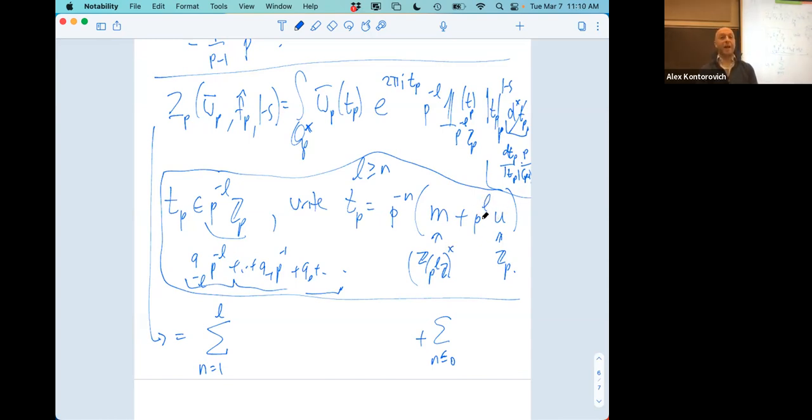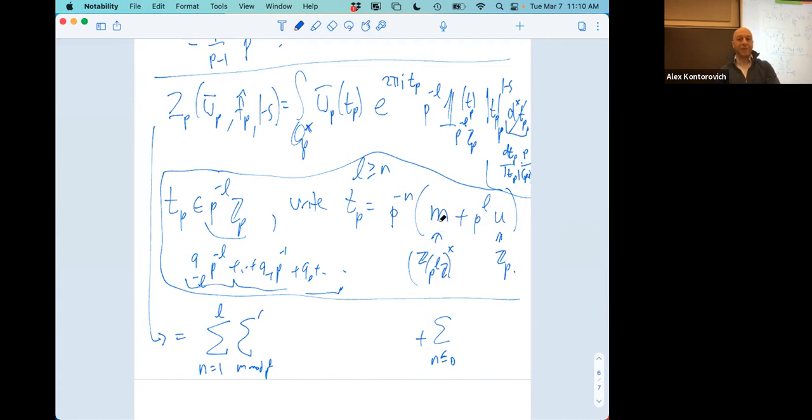And then I take P to the L, and then anything of the later coefficients. So I'll sum over n, and I'll sum over the finite set m mod P to the L, but only the ones co-prime to P to the L. That's exactly what this sum is.